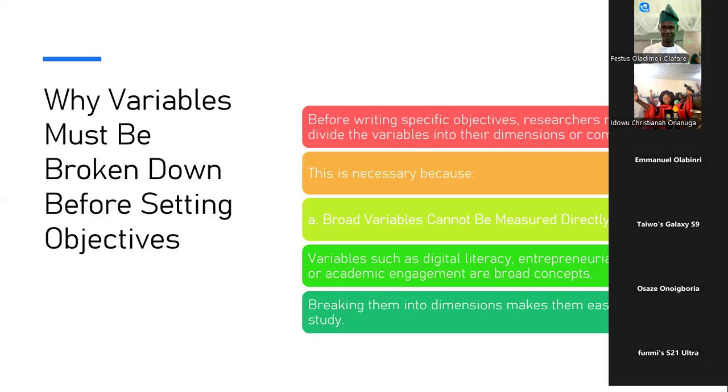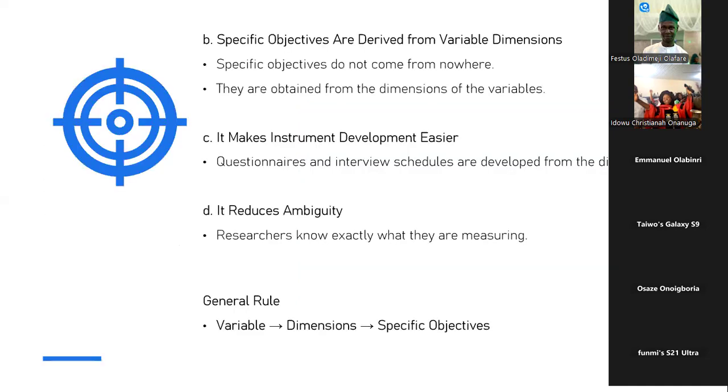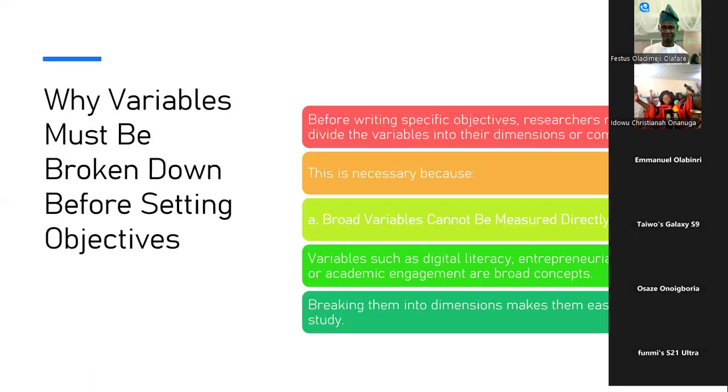Are you with me? So that is why we need to break our variables down when you are setting your research objectives. Then how do we go about it? Number one is, from your topic, you must identify those variables there. You must identify what variables you have there and what types of variable they are.